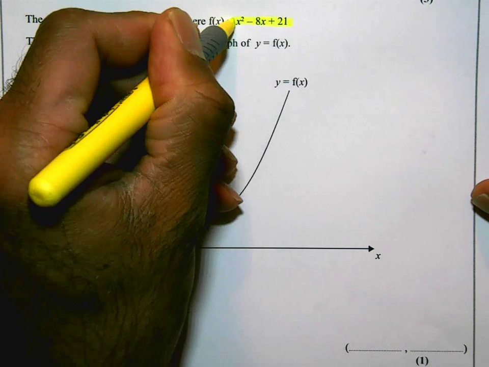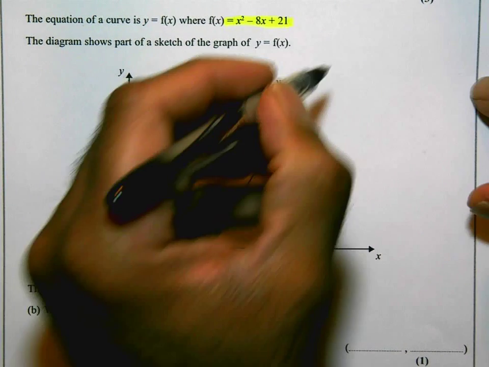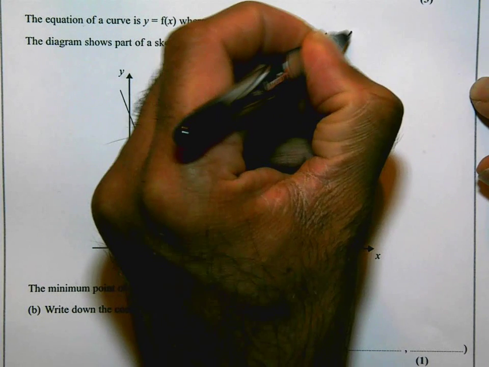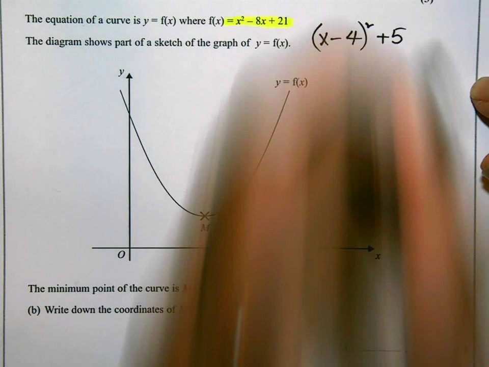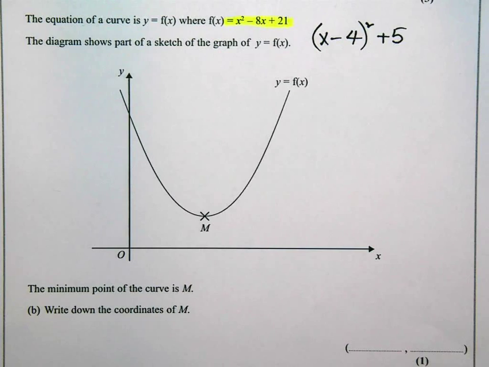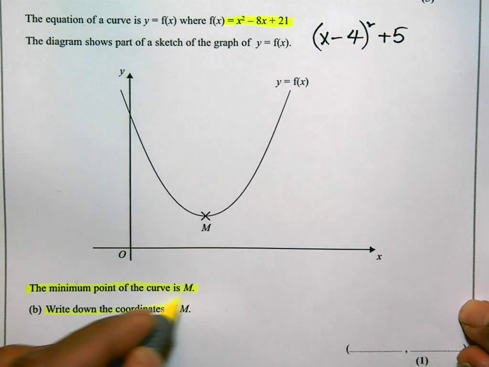Now we were just working with exactly the same expression, and we completed the square of that expression to get (x minus 4) all squared plus 5. Okay, we just did that. The minimum point of this curve is M, and they want us to write down the coordinates of M.